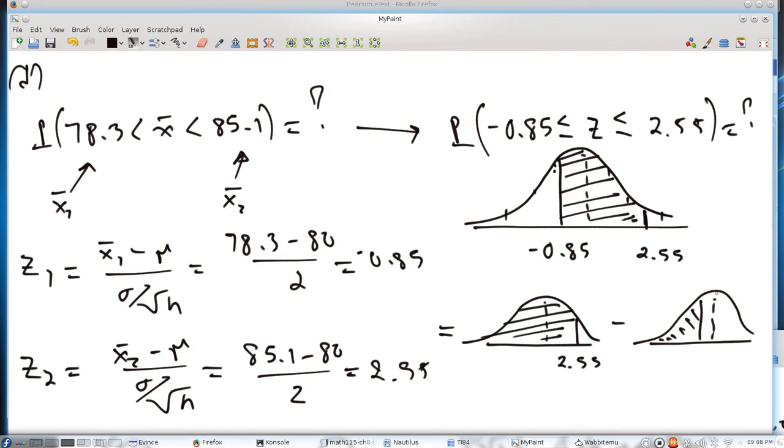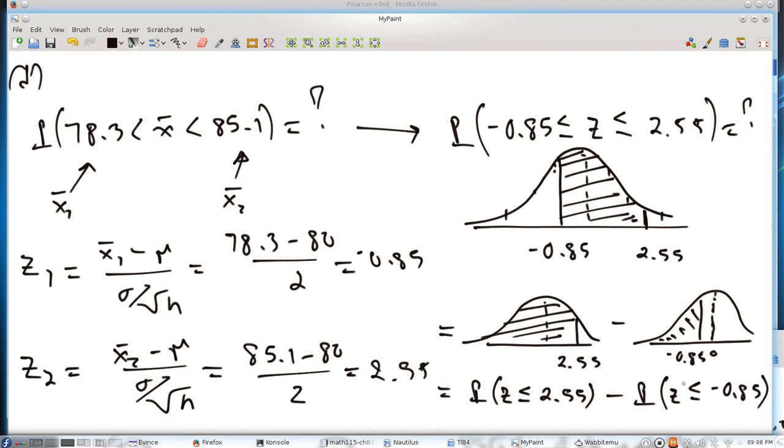I always draw the middle line to mark the zero spot, so that I can eyeball the position and make a value look appropriate in scale. This expression is P of Z less than or equal to 2.55, which allows me to read off the value from the table. The same for this one: Z less than or equal to negative 0.85.